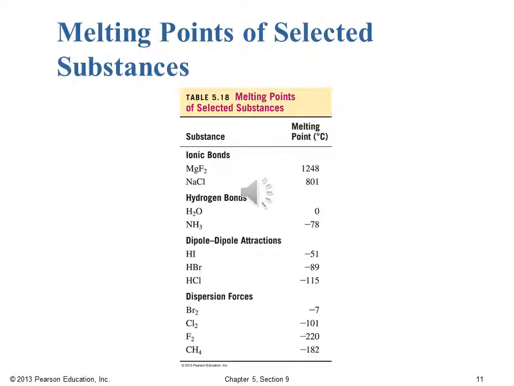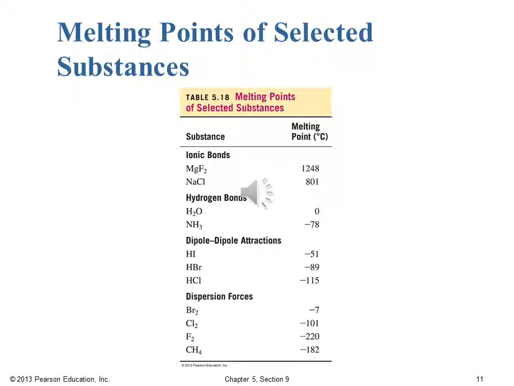Next, we see the dipole-dipole interactions, and again we see some lower melting points, although HCl and HBr do both melt at lower temperatures. HI melts at a higher temperature than NH3. So just because the NH3 does hydrogen bonding, HI is a very big, the iodine at least, is a very big atom, and therefore you get a significant dipole-dipole attraction and even significant dispersion forces.